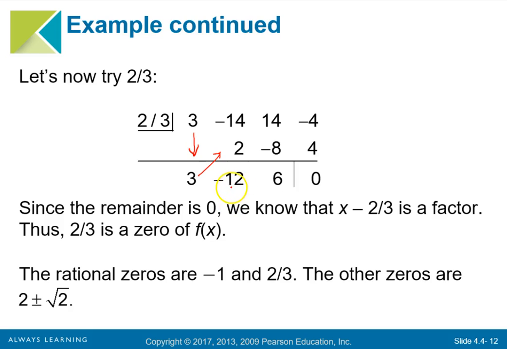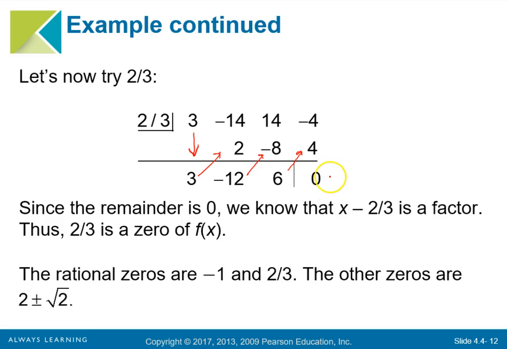Well, 2/3 of negative 12 is going to get me a negative 8. So I have a 14 minus 8 is going to get me a 6. Now if I take my 6 and multiply it by 2/3, I get a 4. And that negative 4 and positive 4 goes to 0. So this is a solution. All right, this is a solution.